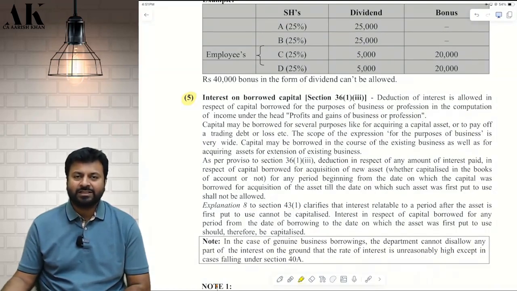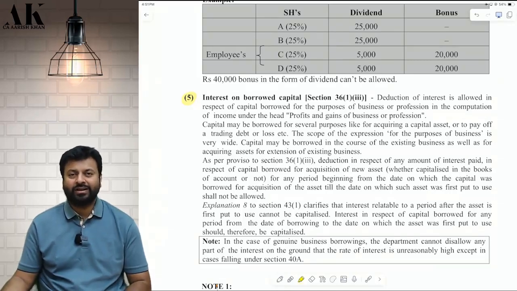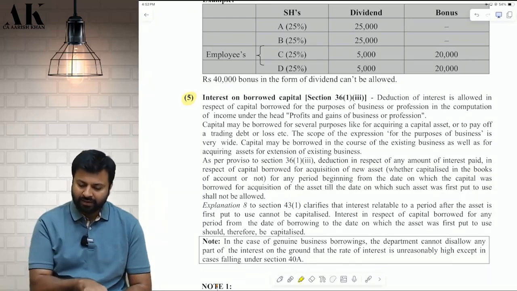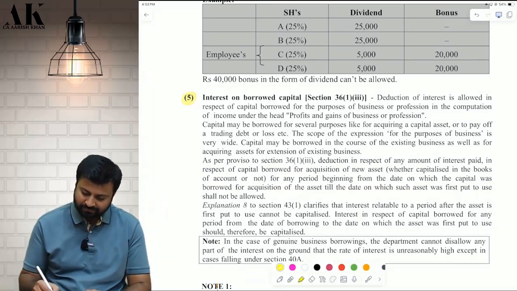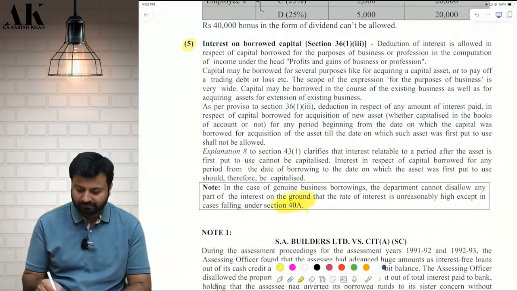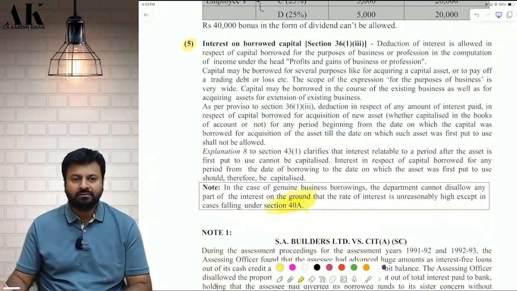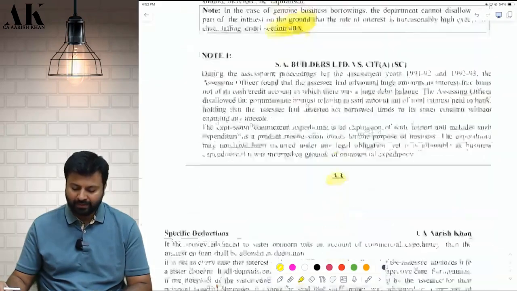Excess payments made to relatives are disallowed. So any payment in excess of fair market value is disallowed under the income tax law. It is covered under section 40A. Which section? Section 40A. Is it clear to all of you?